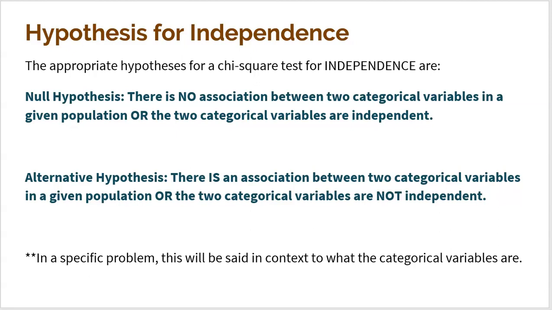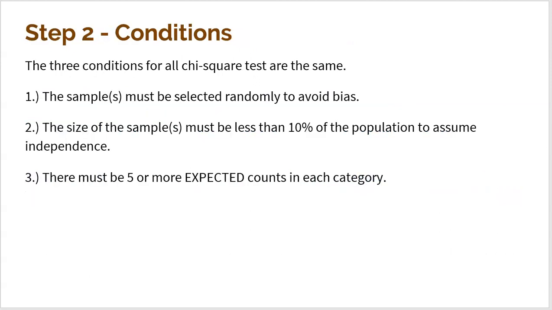You're just being general, talking about the two categorical variables. So eye color versus gender, right? And if one of them is off, then you're going to find that out in this chi-square test. And if that's true, you would go with the alternative hypothesis. As mentioned before, though, in a specific problem, always make sure you're writing these null and alternative hypotheses with context.